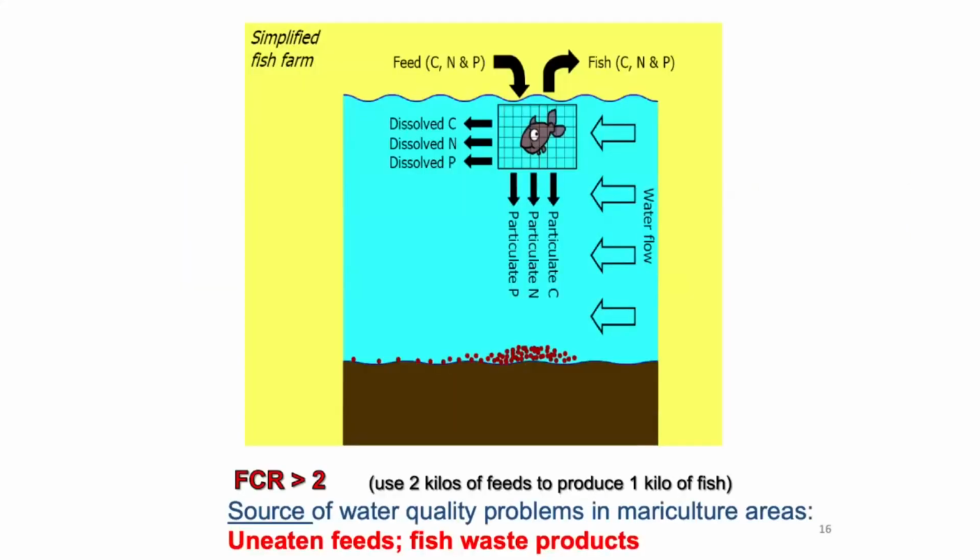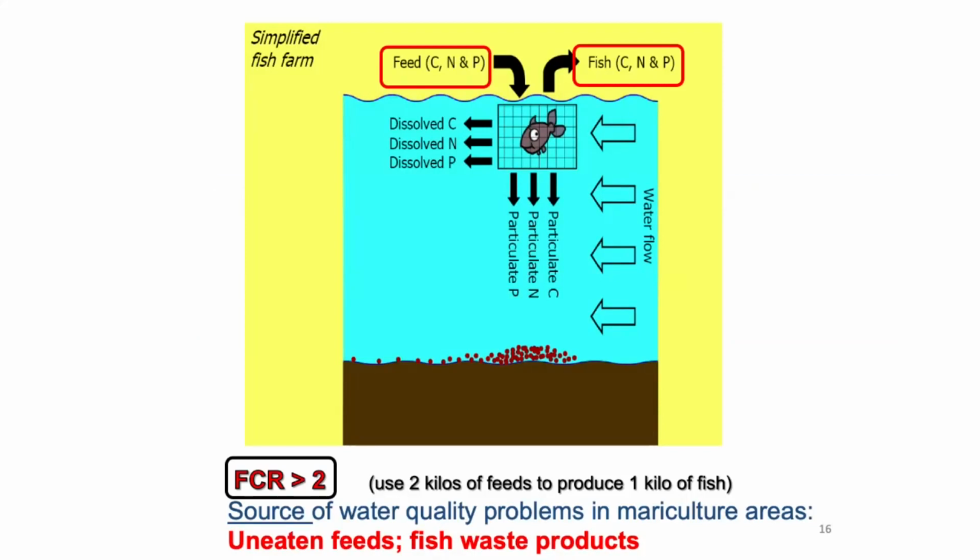This is a diagram to illustrate what is happening to the feeds given to fish inside a fish cage. Ideally, every kilo of feed should be converted to a kilo of fish. Hence, no feed is wasted. However, the practice in Bolinao is 2 kilos of feed are given to produce a kilo of fish, or a feed conversion ratio of 2.